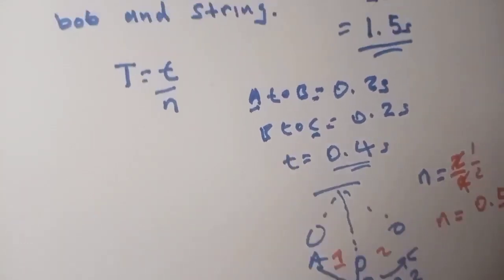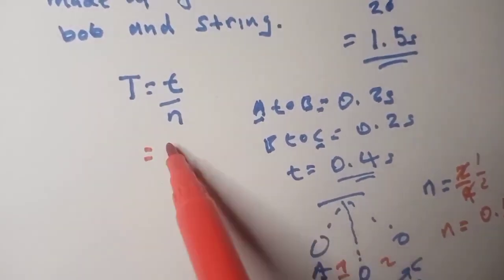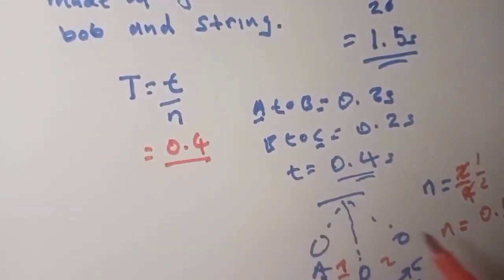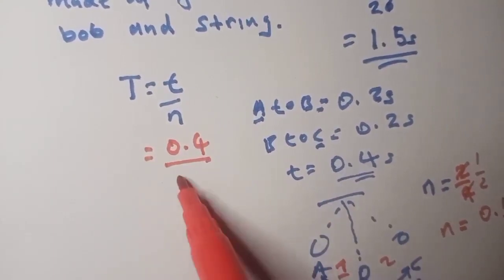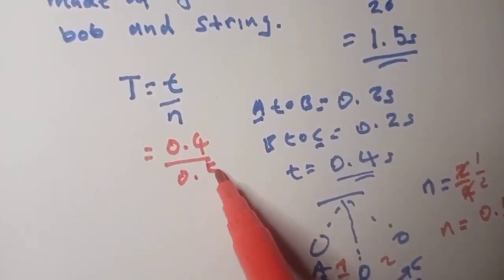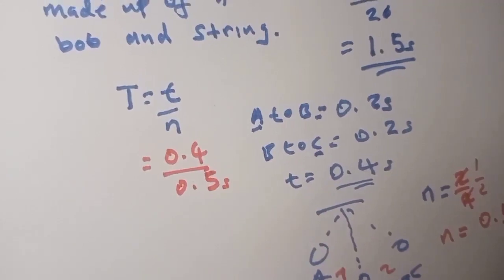So we now go to the formula. Time is 0.4, and N is 0.5. For this one we simply calculate using a calculator. We know that physics calculators are allowed.